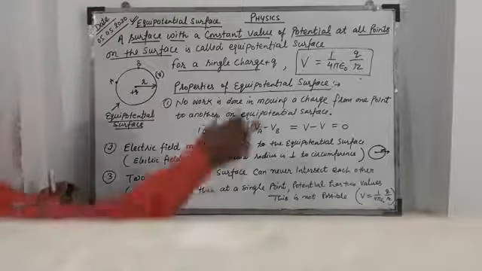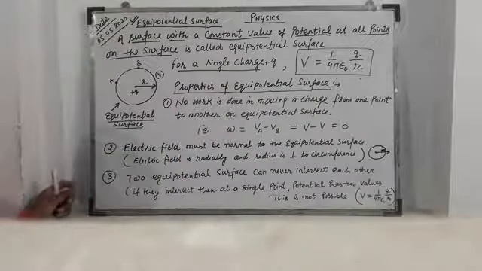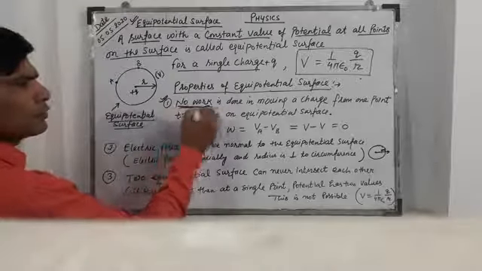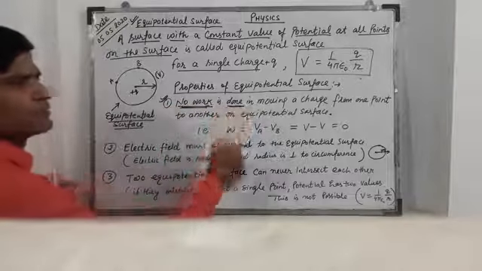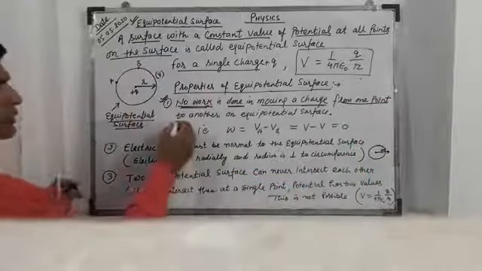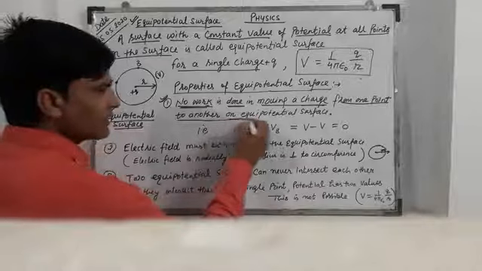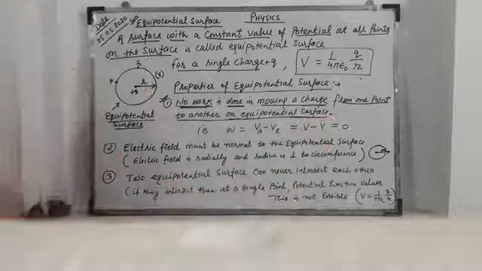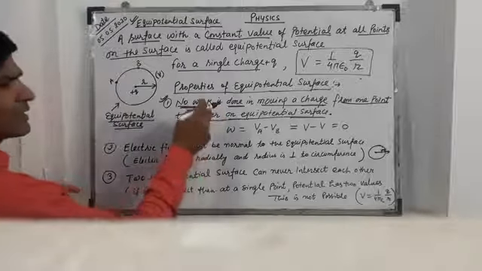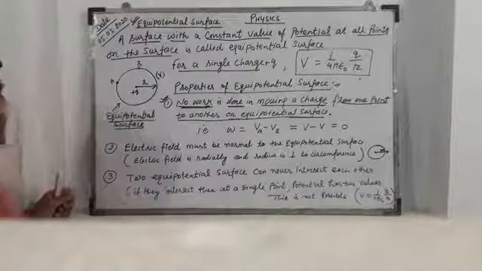Now, the equipotential surface has some properties. The first property is no work. No work is done in moving a charge from one point to another on an equipotential surface, because work is only possible when there is a potential difference.